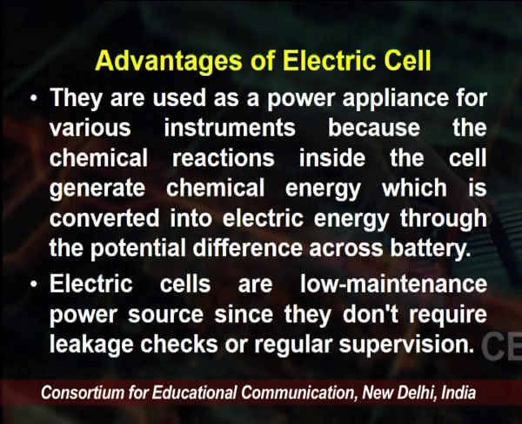Electric cells are a low maintenance power source since they do not require leakage checks or regular supervision. It is a very easy device to use, which makes them easy to use compared to other power sources made of dry powder or liquid electrolyte.